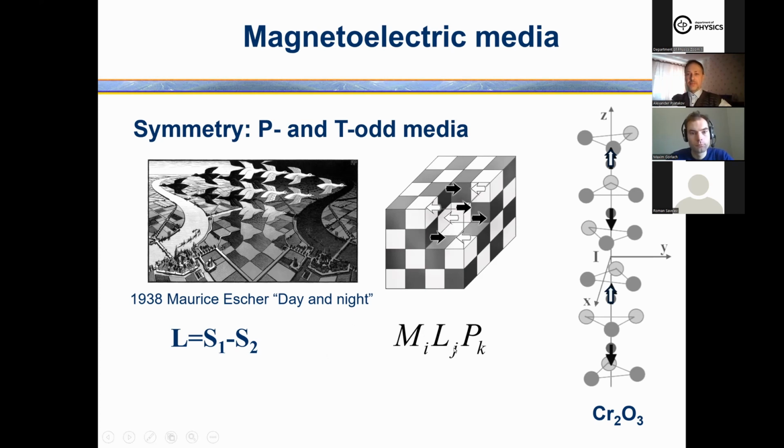This term means that there is a product of magnetic vectors and electric vectors, and the coefficient that relates them, the magnetoelectric coefficient, should be proportional to the components of this antiferromagnetic vector.